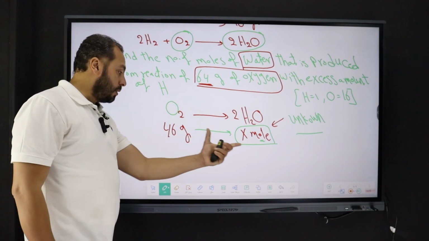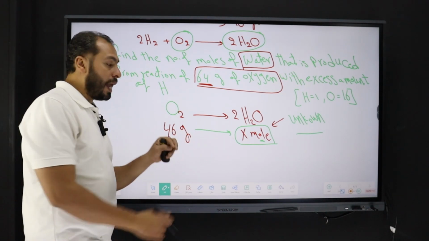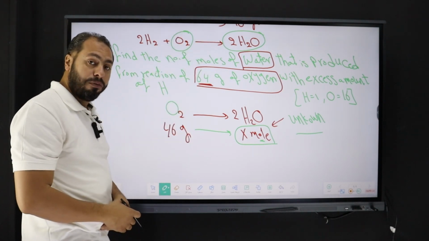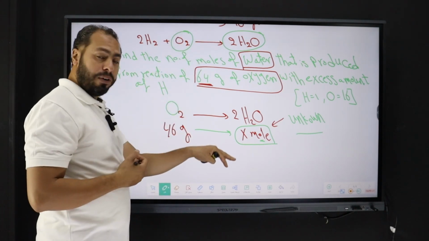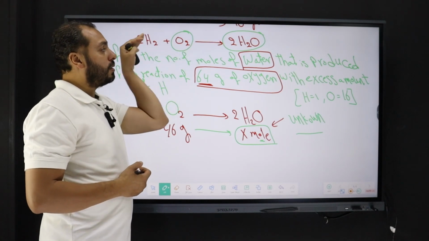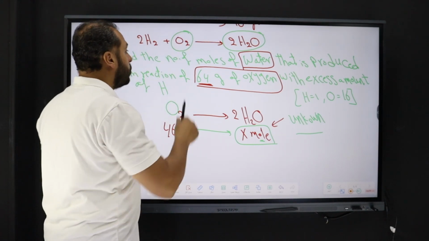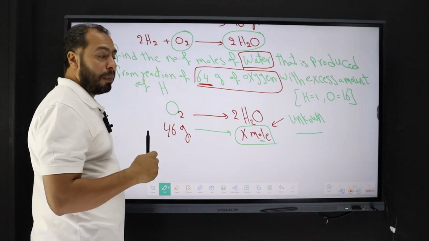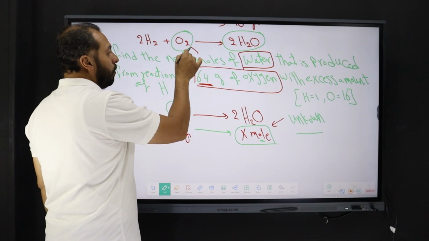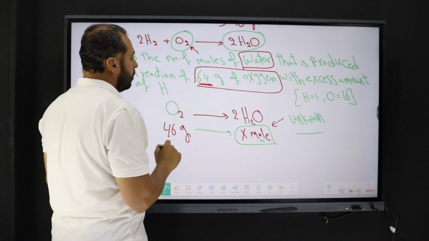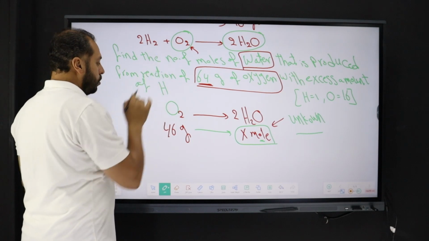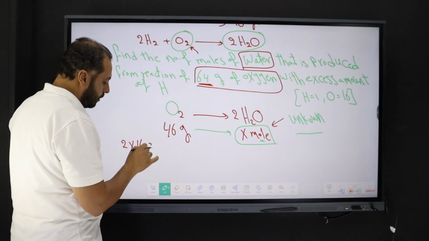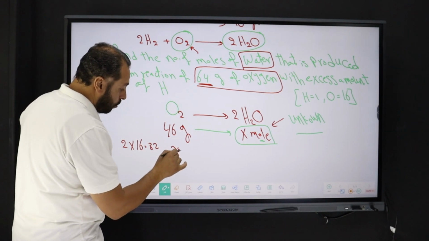To calculate this problem, we have to get the reference of the calculation. What is our reference in this calculation? This is the equation. So this equation represents two known amounts. Why? If we calculate the mass of oxygen here in this equation, O2, so 2 times 16 equals 32. So we put 32 gram here.